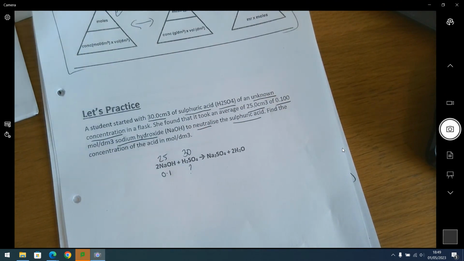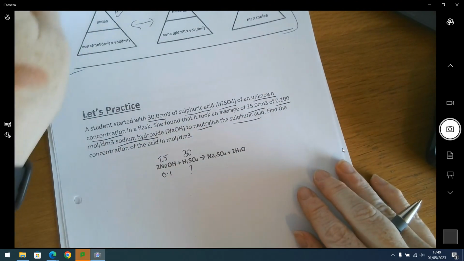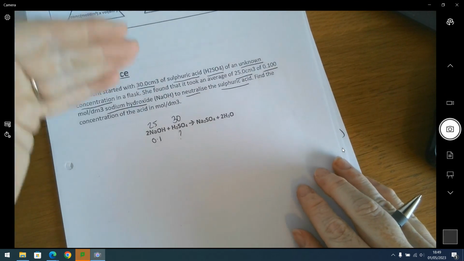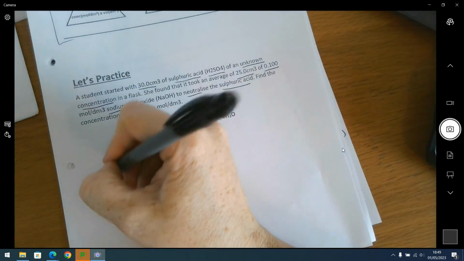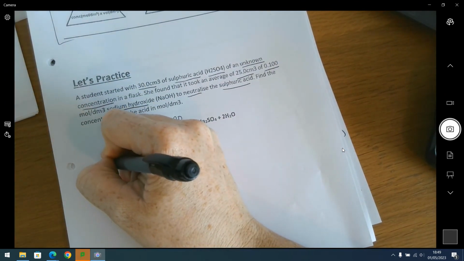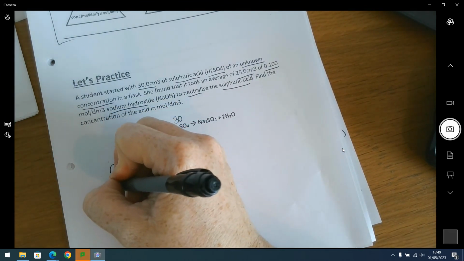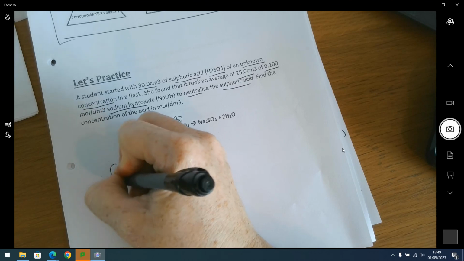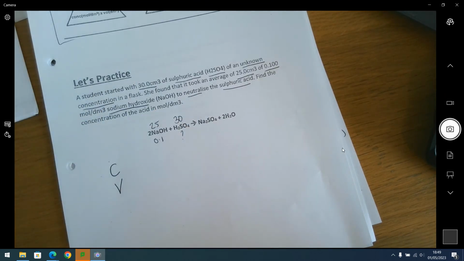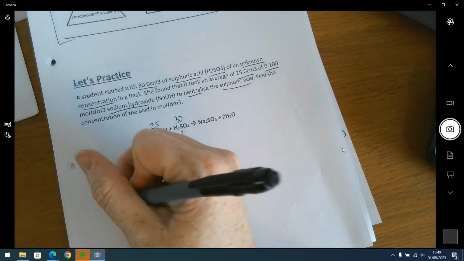Now, in lessons we came up with a really daft mnemonic to try and remember everything that we have to make sure we talk about. So we have our concentration, we have our volumes. Okay, so we've got to talk about volumes.